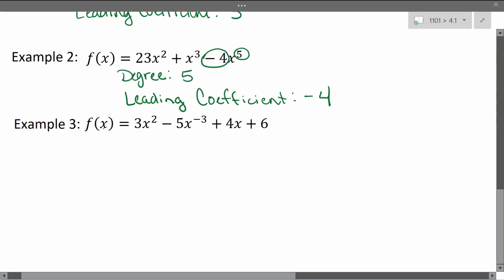We have f of x equals 3x squared minus 5x to the negative 3 plus 4x plus 6. This is a little bit of a trick question because we have x to the negative 3. That means this is not a polynomial. So we can't find a degree and leading coefficient.